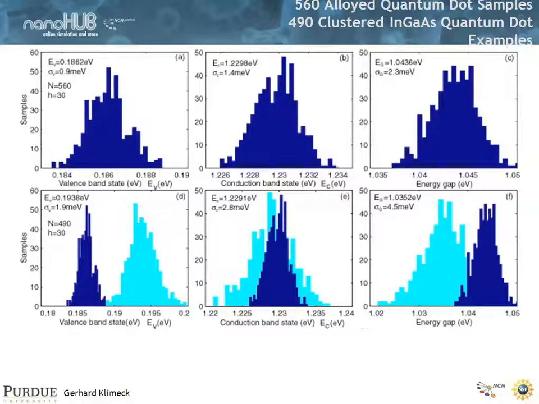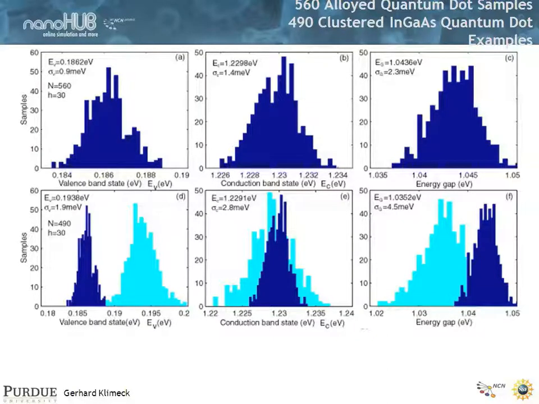And you see that the valence band, when clustered, moves up in energy a little bit in light blue. The conduction band roughly stays put but gets broader. And overall the band gap gets a little narrower, which is reminiscent of lower temperature clustered growth in gallium arsenide, where the gap gets a little bit smaller.